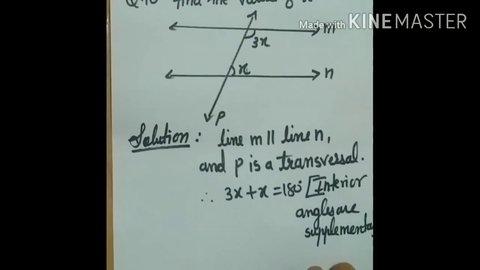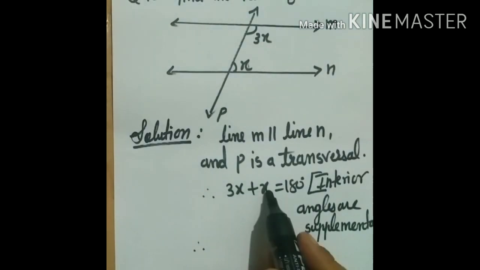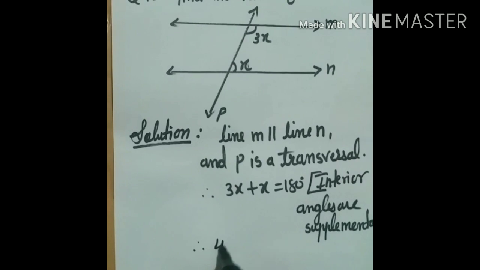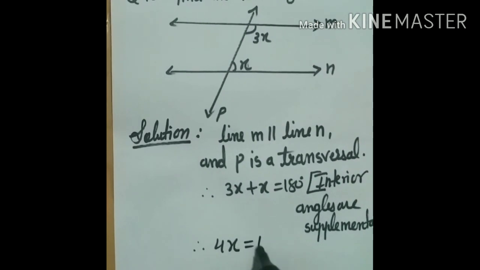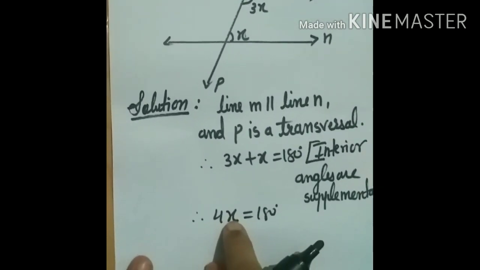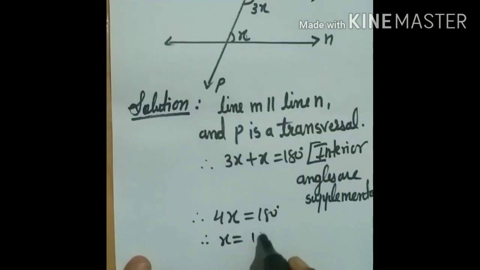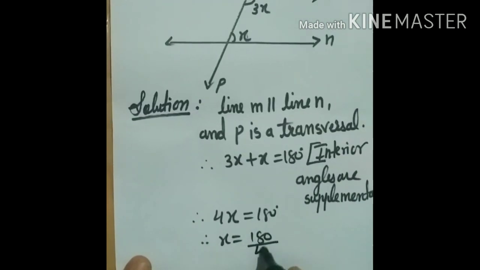Now therefore 3x plus x, what you get children? 4x equal to 180. Now here what we have to find out? X value, right? So we take children x equal to 180 upon 4.